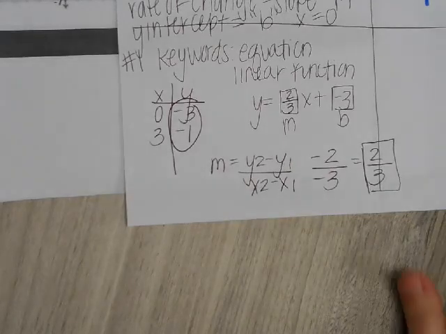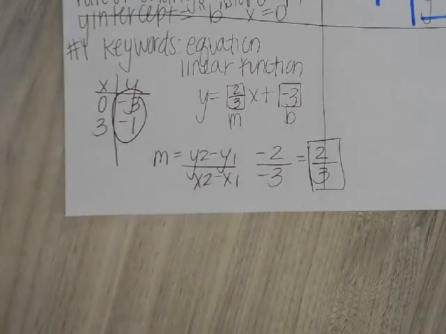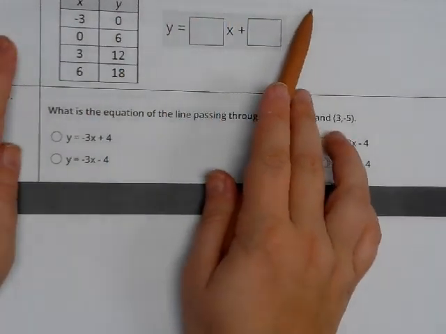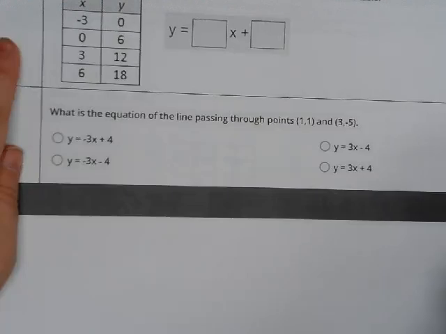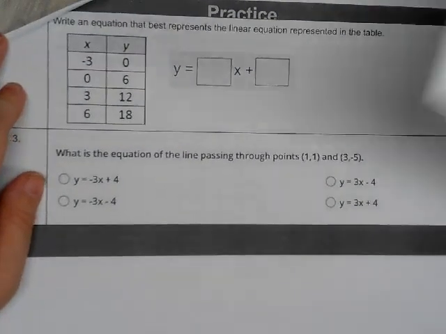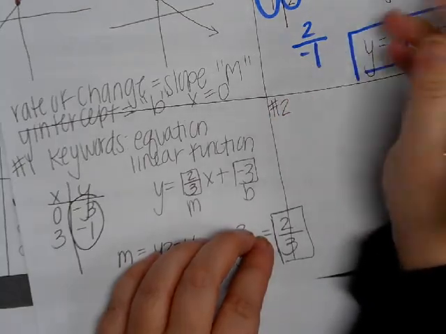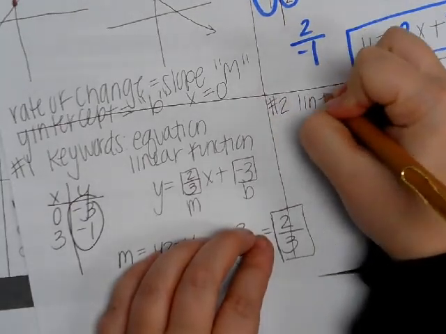Okay, let's do number 2. Number 2 says, write an equation that best represents the linear equation represented in the table. So I'm going to go ahead and write linear equation.